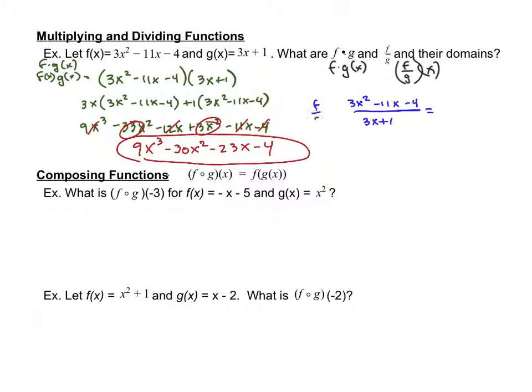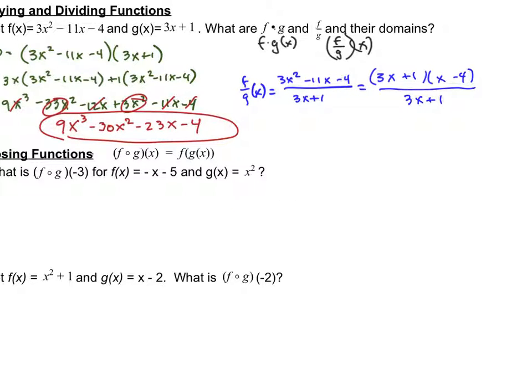So this is f divided by g of x, and if I quickly factor the numerator, I'm able to factor that into 3x plus 1 times x minus 4. The reason we factor is so we can usually cancel some stuff out, so those two become the value of 1, and therefore my answer is just x minus 4. And there's my final answer.